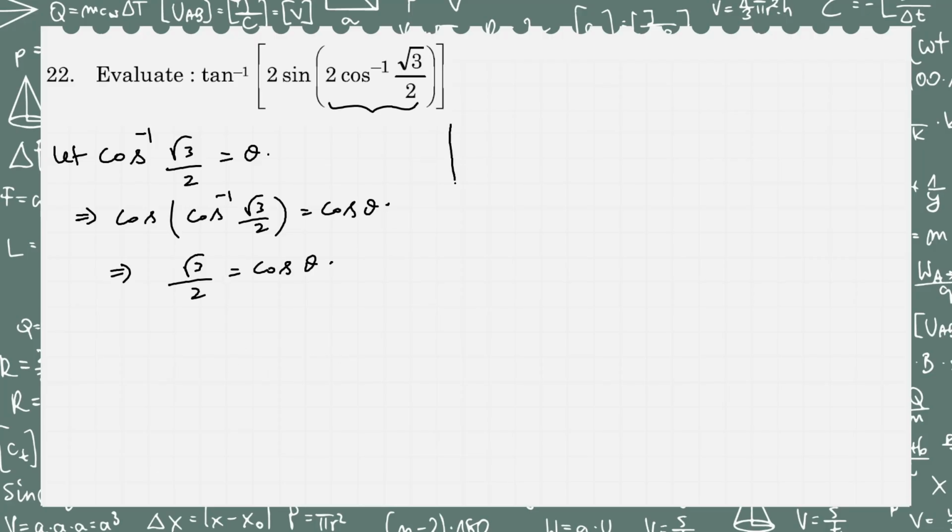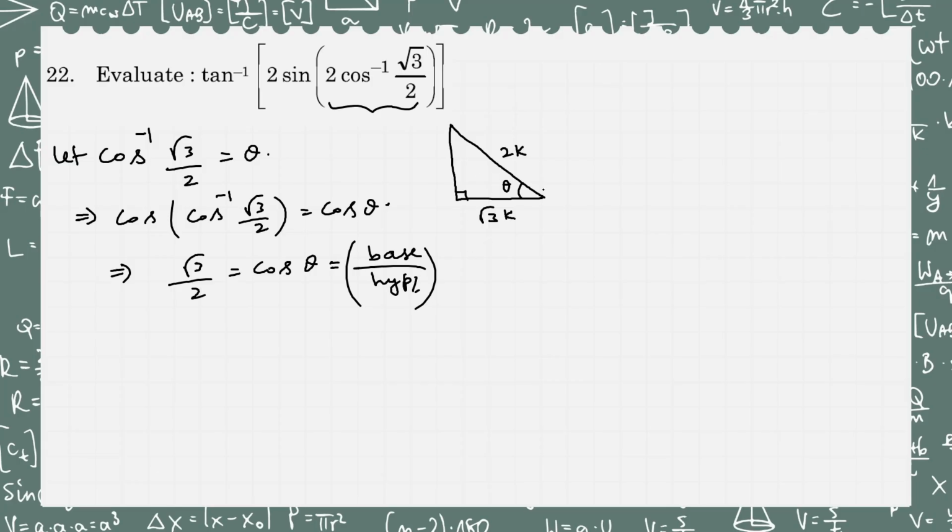So when we draw the right angle triangle with theta being here, cos theta is nothing but base by hypotenuse. So we can take the base as root 3k and the hypotenuse as 2k, and we need to find the missing side here.